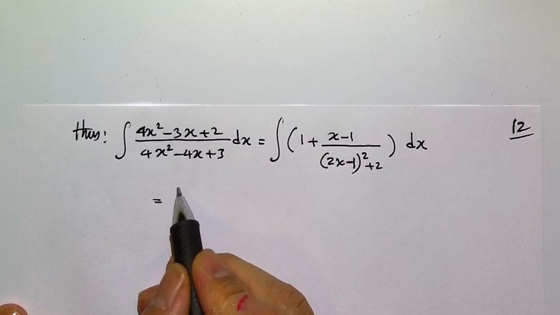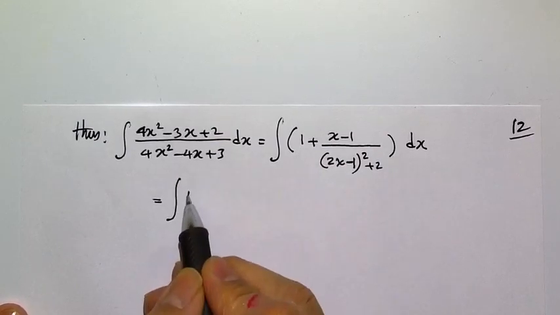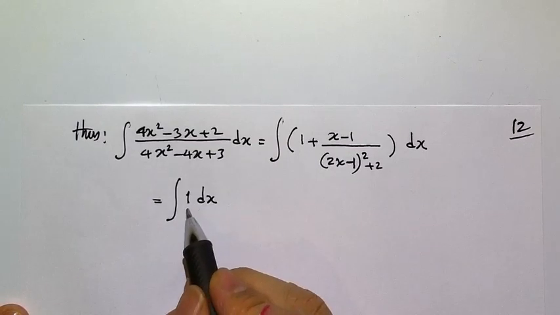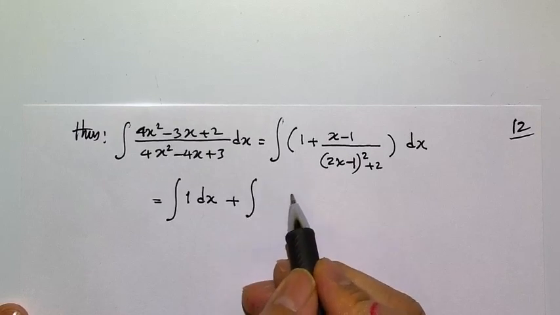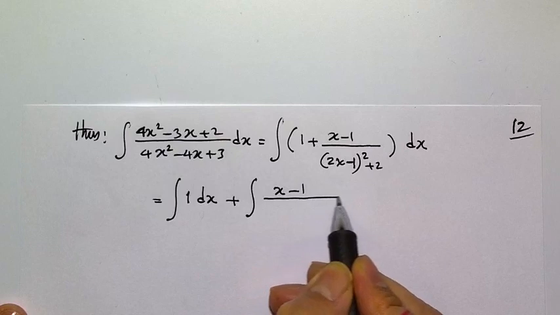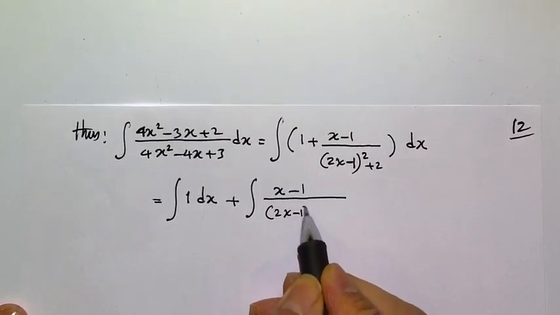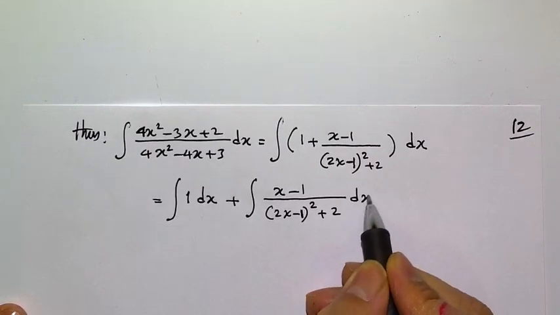We get integral of 1 dx, right? That's just x. If you integrate it, you get x, plus integral of x minus 1 divided by all of that, 2x minus 1 squared plus 2 dx.